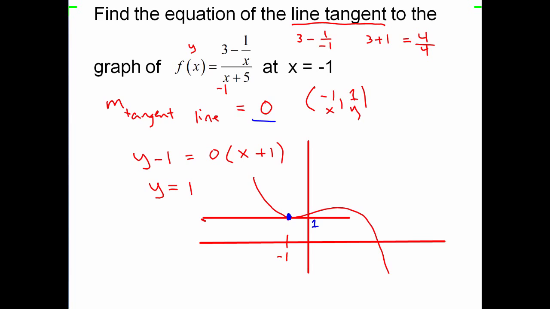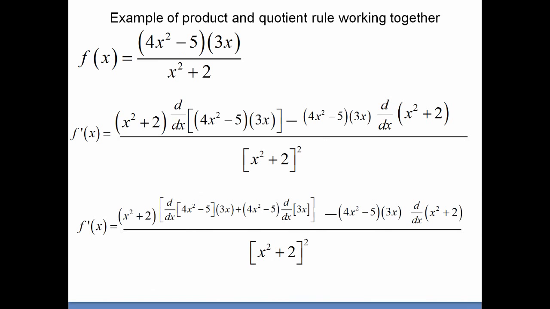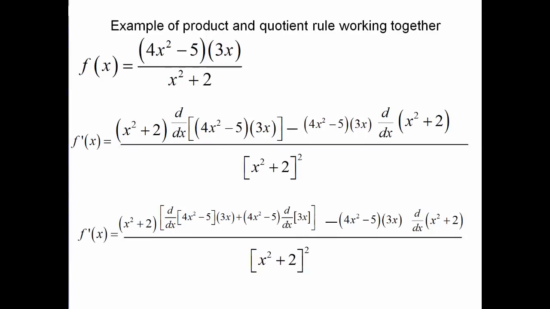And then the last thing, I just wanted to show this example. We're not going to work out the whole thing. Now, if you were to actually find the derivative of this, the easiest way would be to distribute this, use the power rule up there, distribute this.